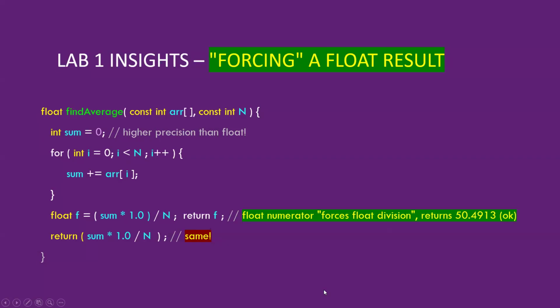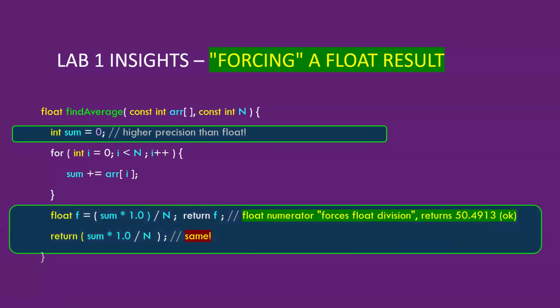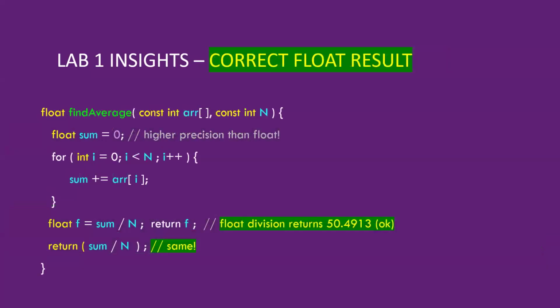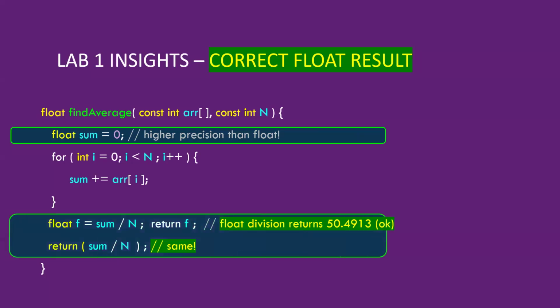We can still have an int, but force the division to move into the floating point realm, or we just convert our sum into float so that our division automatically migrates over to that floating point form, okay?